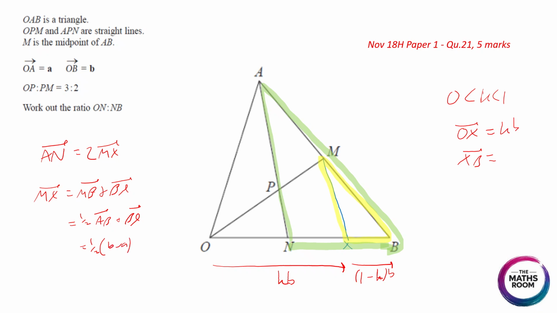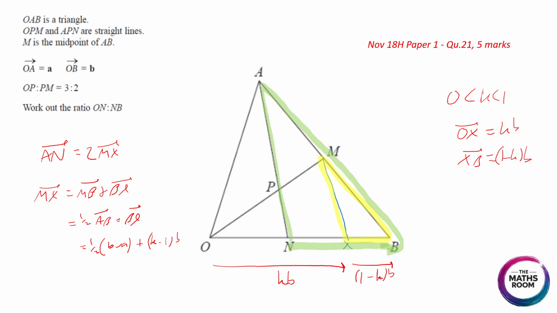The vector B to X is obviously the negative of the vector X to B. Remember the vector X to B was 1 minus k lots of b, so the negative of that would surely be k minus 1 lots of b.